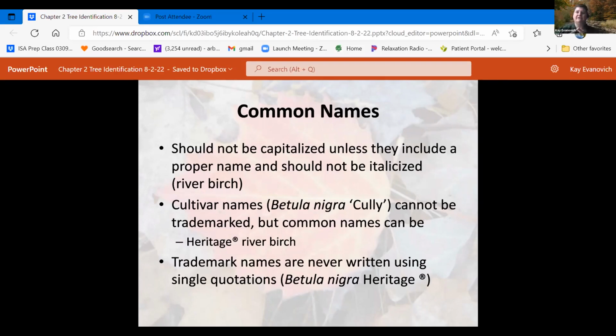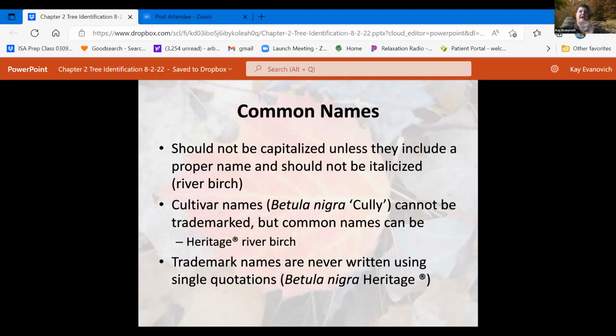Cultivar names, however, now that's a little different. If you say Betula nigra, which is river birch, that's its genus and species, but it has a cultivar name in quotation marks. That cultivar name can't be trademarked, right? But a common name, well, that can be trademarked, like Heritage with your little trademark symbol, river birch.